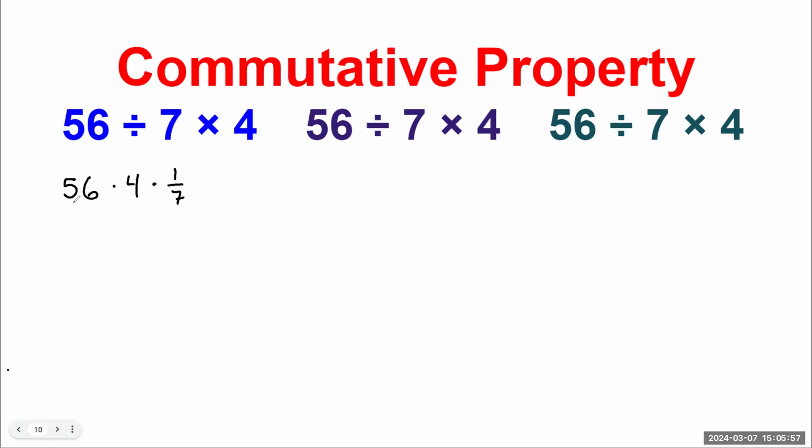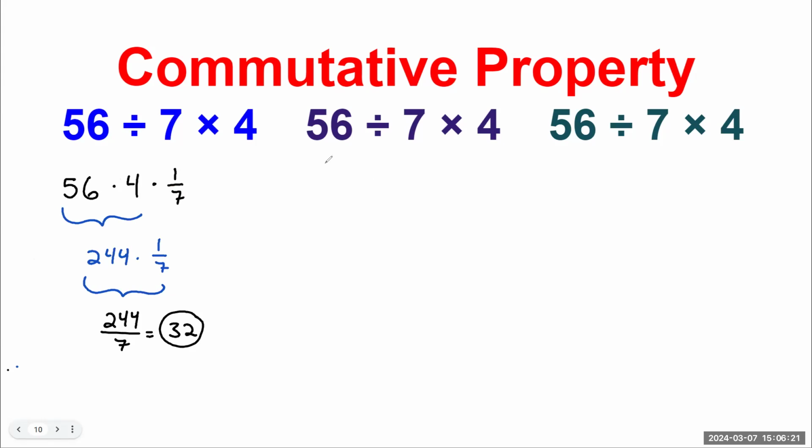So we just move the terms around. And as we work our way down, 56 times 4 is 244. That's going to be multiplied times 1/7. And we will get a product of 244/7. And we know that is going to give us a quotient of 32.